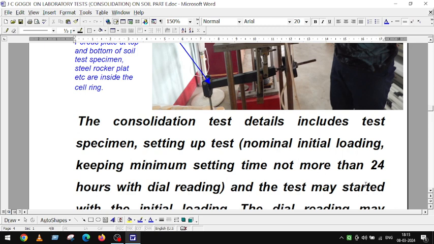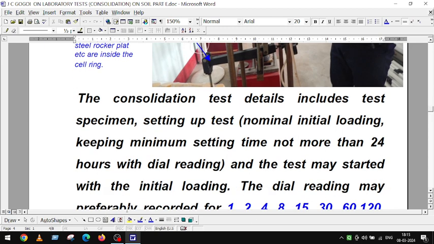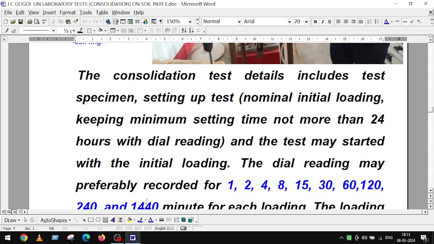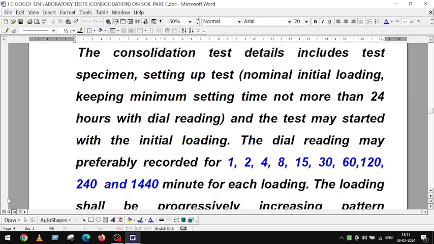The test may be started with the initial loading. The dial reading may preferably be recorded at 1 minute, 2 minute, 4 minute, 8 minute like that up to 24 hours.